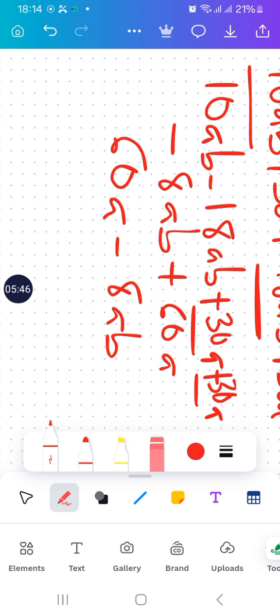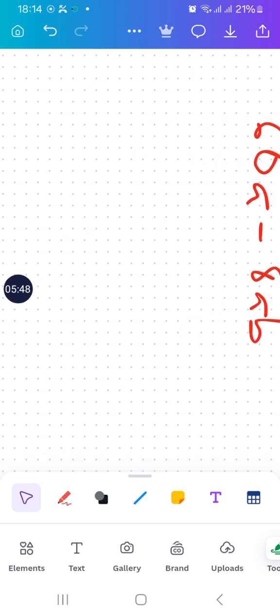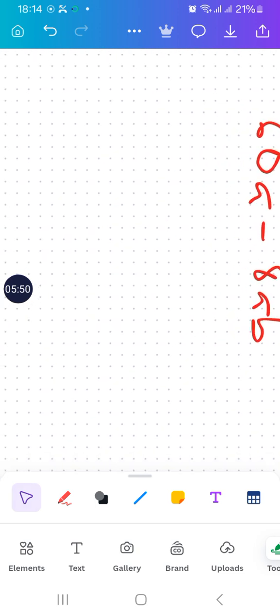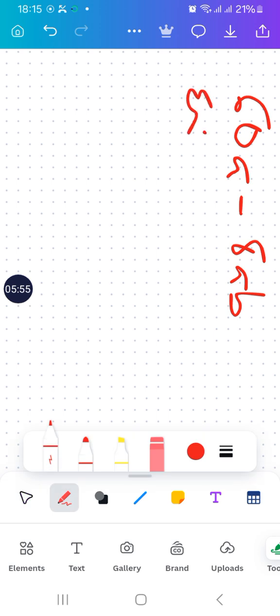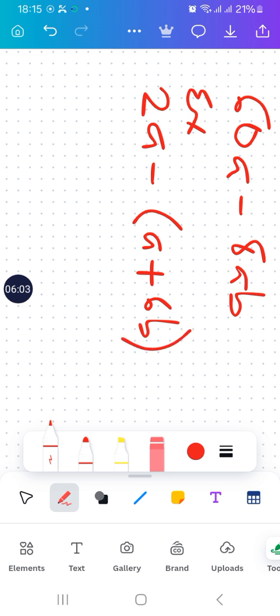Okay, if that is clear, let us see this example before we call it a day. We can also have something like 2a minus bracket a plus 6b. You will see that this 2a is not directly at the back of the bracket, so it's different from the ones that we have done previously.